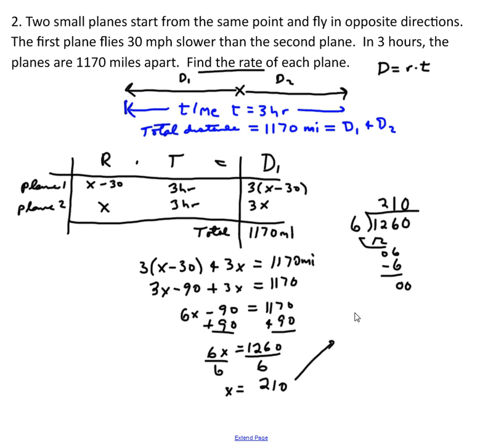So it looks like plane number 2, flying at x miles per hour, is going to be flying at 210 miles per hour. Plane number 1 is 30 miles an hour slower. So if we subtract that away, we get our speed for plane number 1. Plane number 1 will be flying at 210 minus 30, that would be 180 miles per hour.